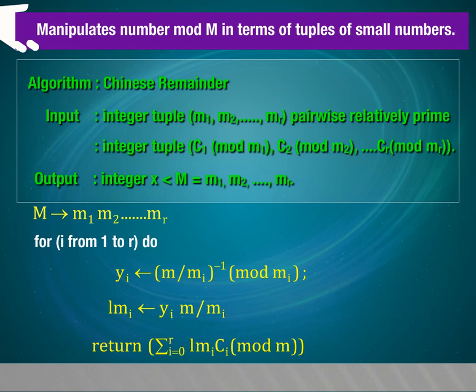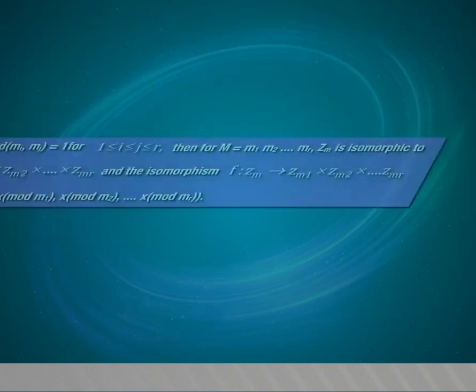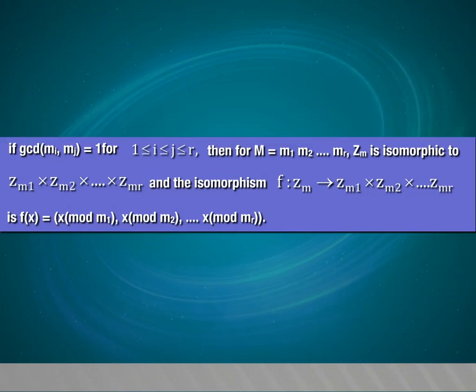Return the summation of i equals 1 to r of Lmi ci mod m. If GCD of mi, mj is equal to 1 for 1 less than or equal to i less than or equal to j less than or equal to r, then for m equal to m1, m2, and so on up to mr, Zm is isomorphic to Zm1 times Zm2, and so on up to Zmr.